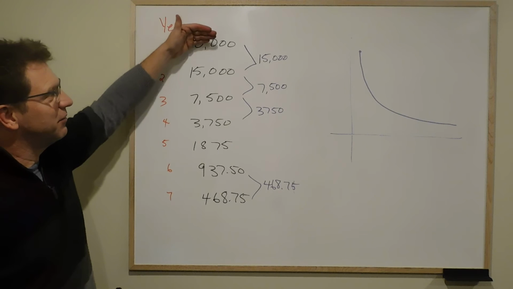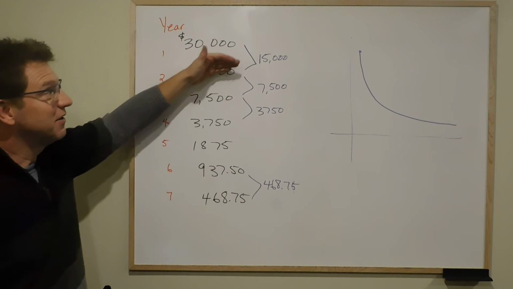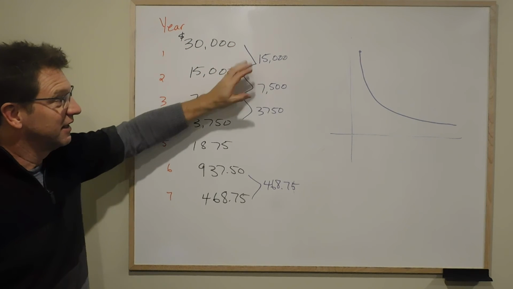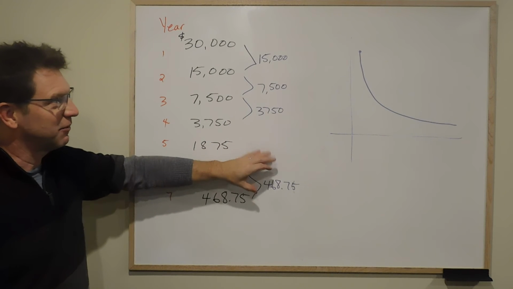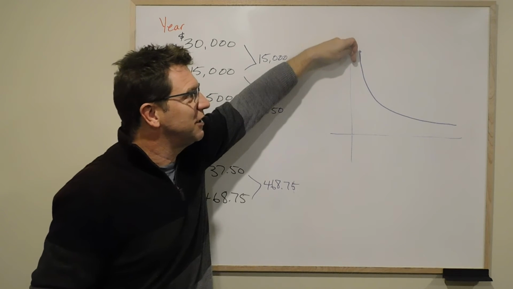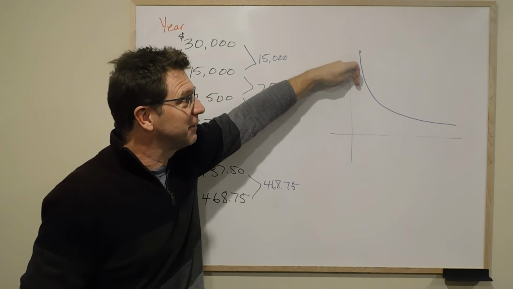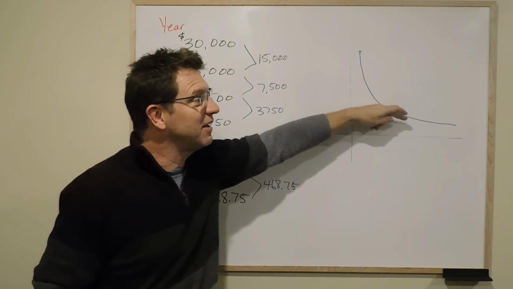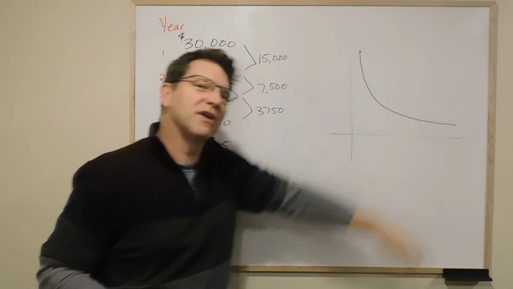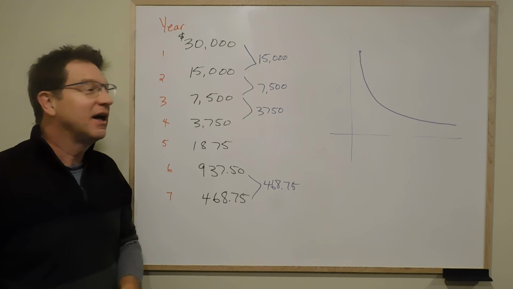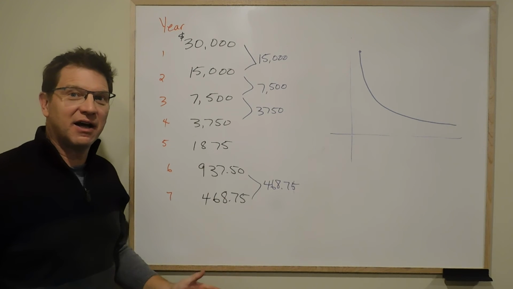So even though it keeps getting cut in half, the amount you're losing is less and less each time. So you have a very steep decrease at the beginning of exponential decay, and then that decrease slows down over time, okay? And that's something called exponential decay, right?